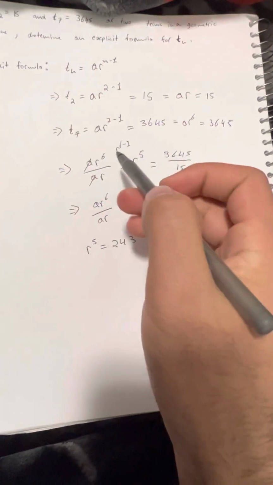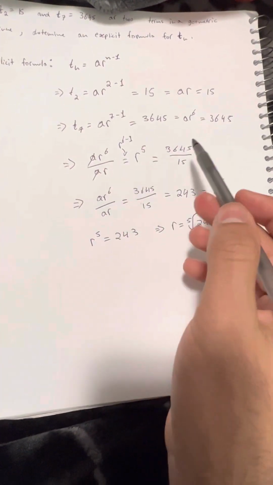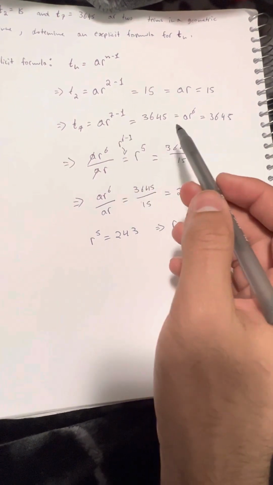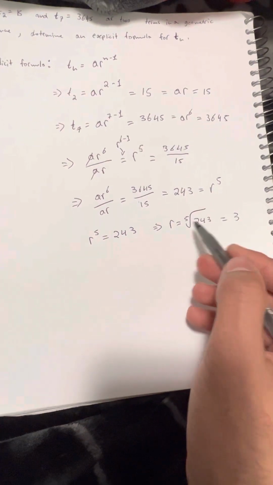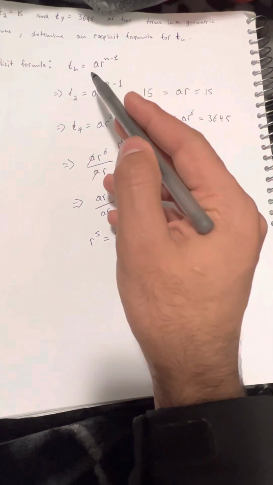So now we have that, we can say that over here, AR equals 15. We found the R value. We just need to find the A value to plug in.